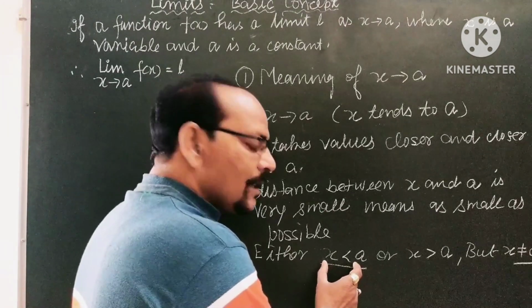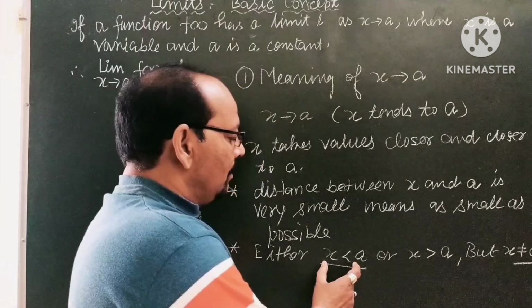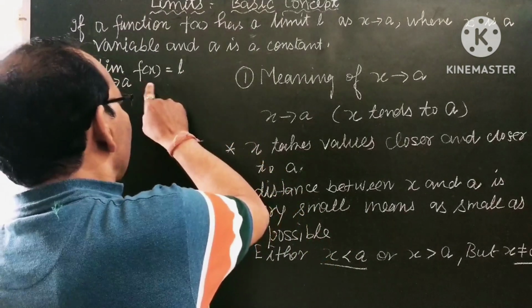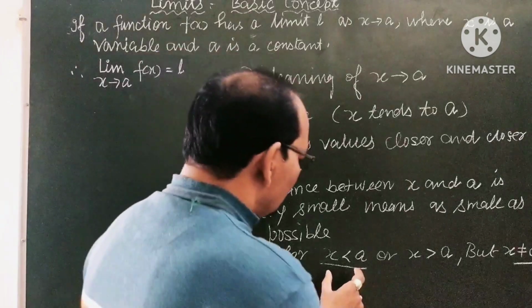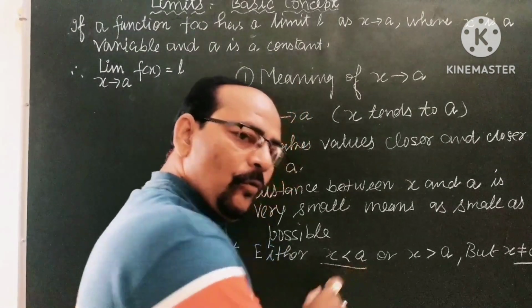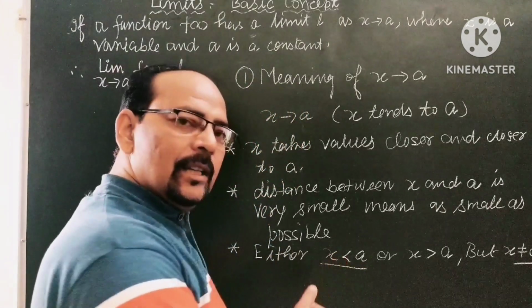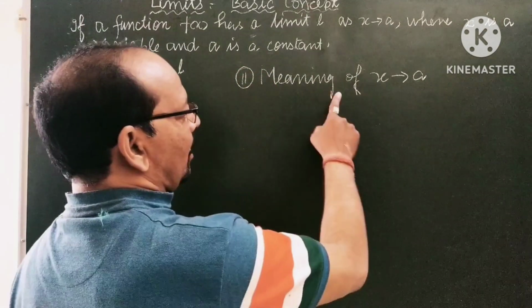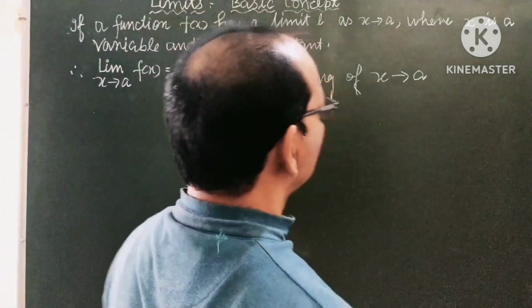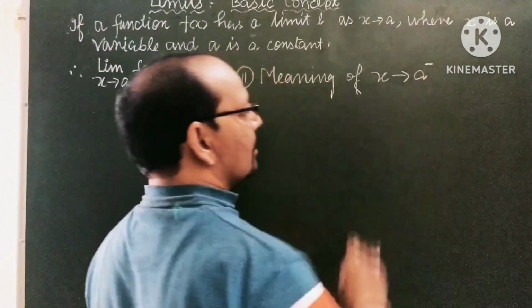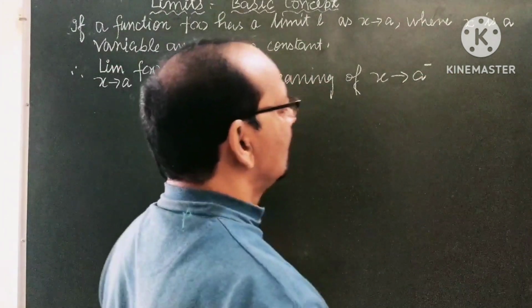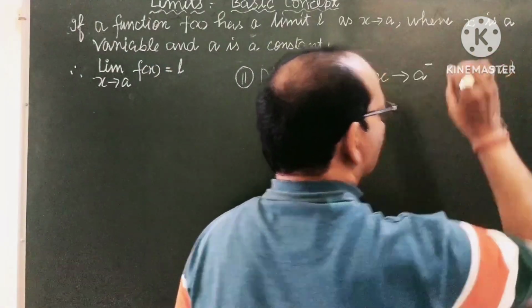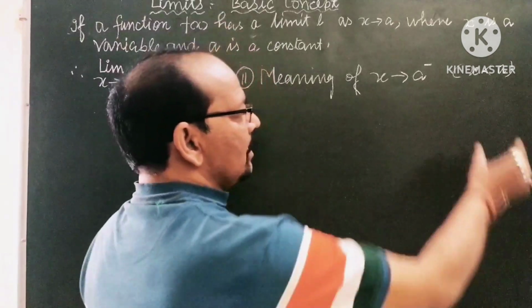What is the meaning of x less than a and how to represent it in limit x tends to a of f(x) equals L? The first condition is x tends to a minus, that is x less than a.